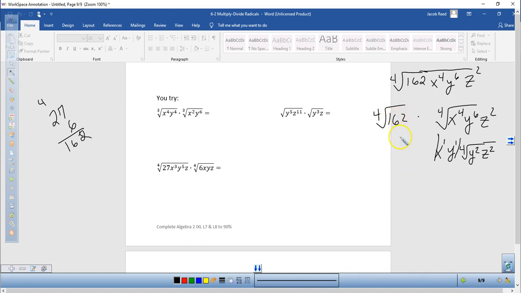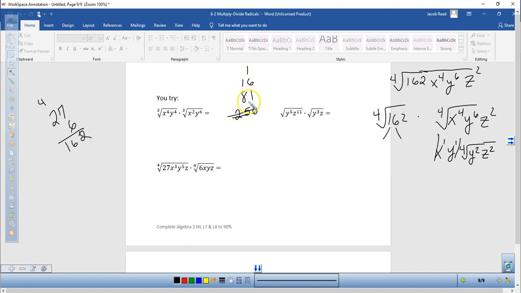Now let's deal with the hard bit. 162. We're talking about 4th roots. We need to try to find a 4th root that will divide into this number. Remember our 4th root list, we had 1, we had 2 times 2 times 2 times 2 was 16, 3 times 3 times 3 times 3 was 81, 4 times 4 times 4 times 4, that was 256. That one we know we can go ahead and stop. That one can't even be used.